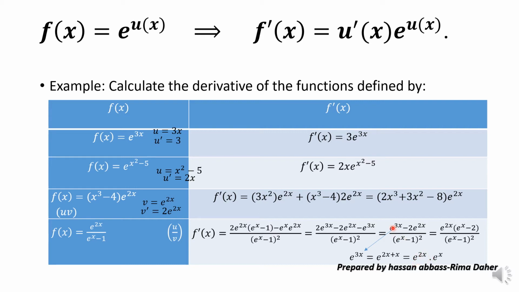Then e^(3x) equals e^(2x) times e^x. Take e^x as a common factor between e^(3x) and 2e^x. We get f prime of x equals e^x times (e^x minus 2) over (e^x minus 1) squared.